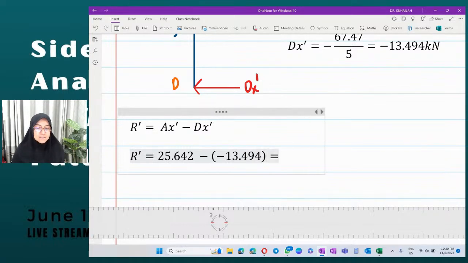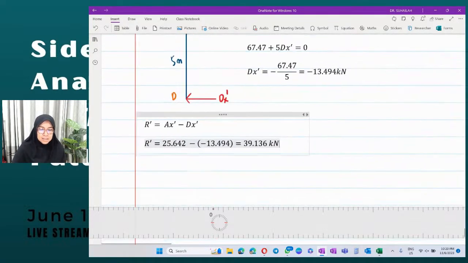So what is the answer? 25.642 plus 13.494. It is 39.136 kilonewton.